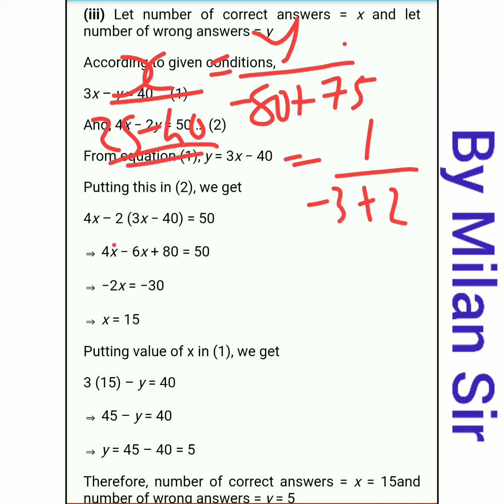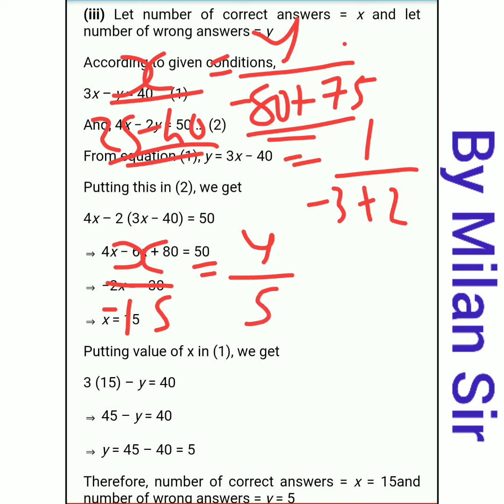Now 25 minus 40, plus minus minus, 40 minus 25 is 15, bigger number sign, it is negative. Then y upon, 80 minus 75 is 5, bigger number sign, it is negative. And at last 1 upon, 3 minus 2 is 1, bigger number sign, it is negative.